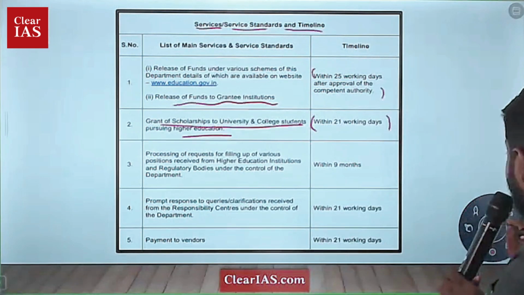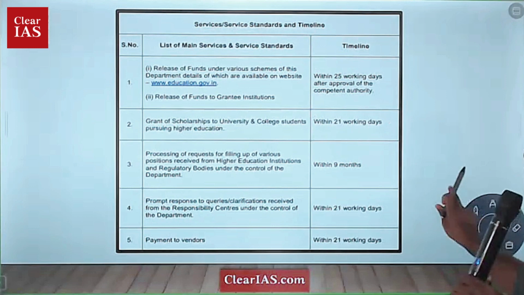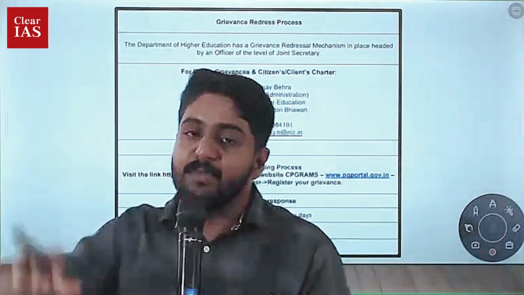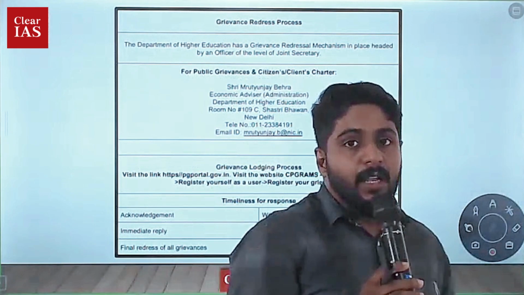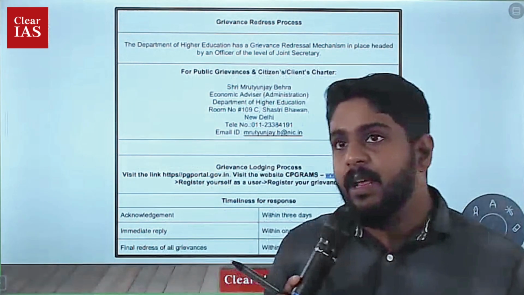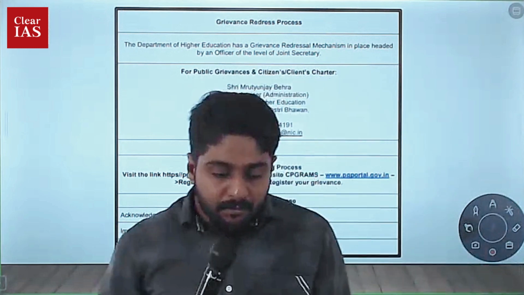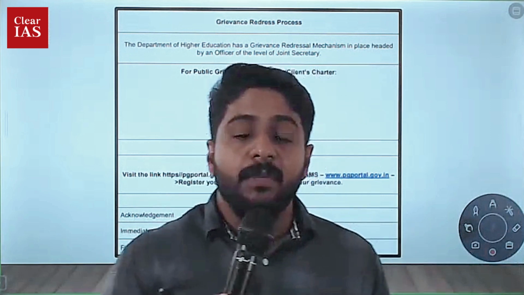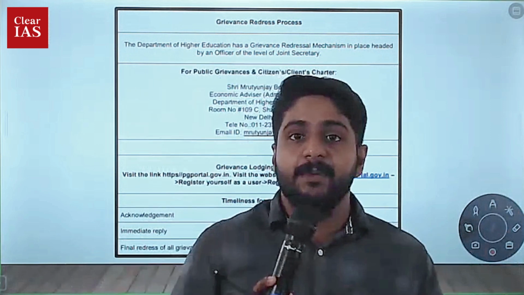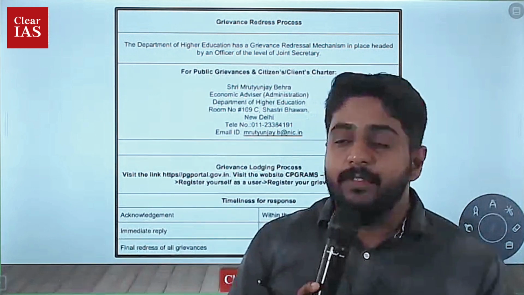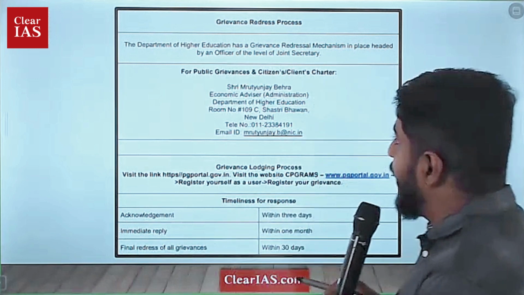The services provided by the Department of Higher Education would be listed as part of the Citizens Charter. So a person or an educational institution thinking about applying for a grant would have no confusion, because it is clearly indicated in the CC program how much amount, within what day, it will be provided by the Department of Higher Education.